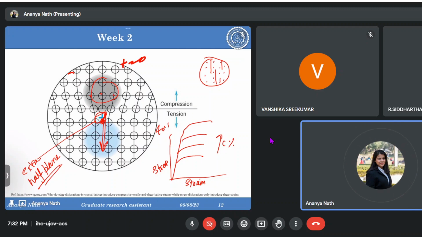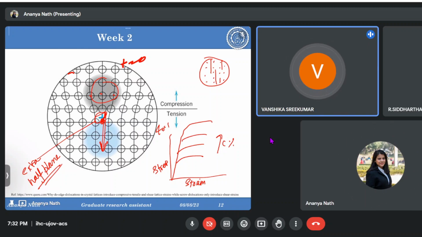There is also another thing related to this, that is called recovery. This is the same concept. No, I didn't get that actually. Like recovery, I didn't get that correctly.